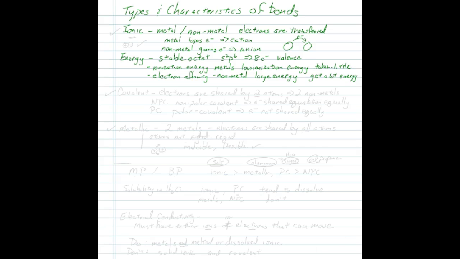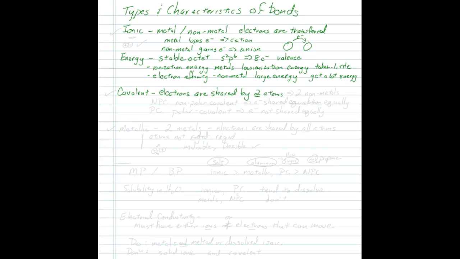Another type of bond is a covalent bond. Covalent bonds are in two types, but generally this is when electrons are shared by two atoms.